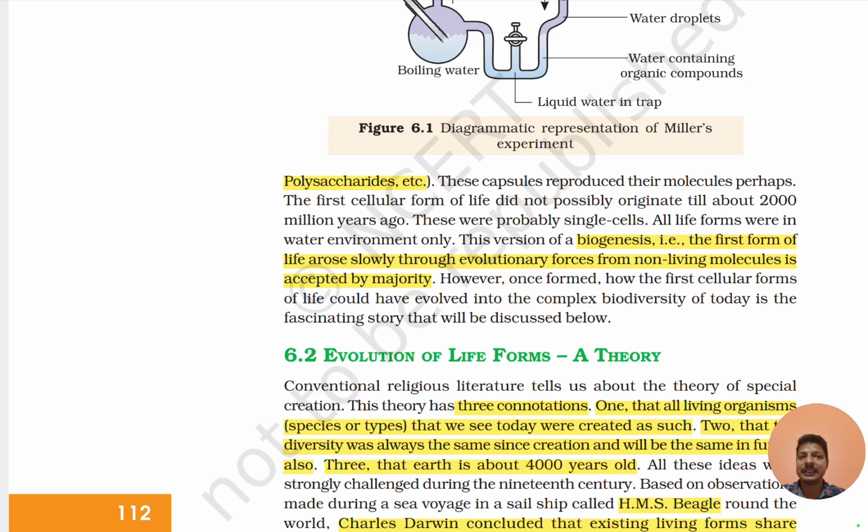These were probably single cells. All life forms were in a water environment only. This version of abiogenesis, that the first form of life arose slowly through evolutionary forces from non-living molecules, is accepted by the majority. However, once formed, how the first cellular form of life could have evolved into the complex biodiversity of today is the fascinating story that will be discussed below.